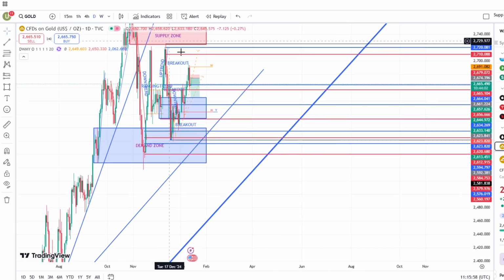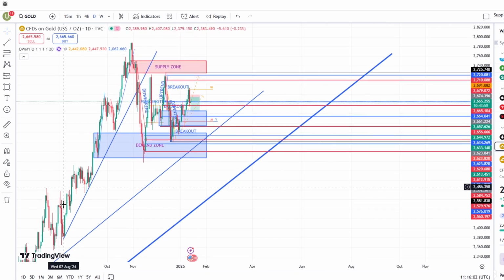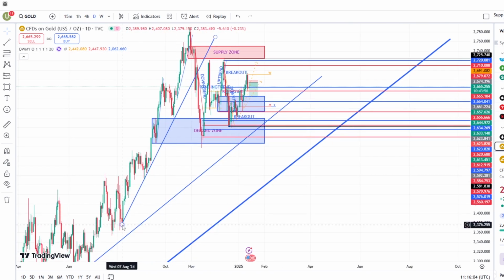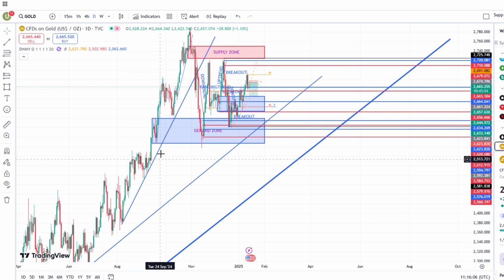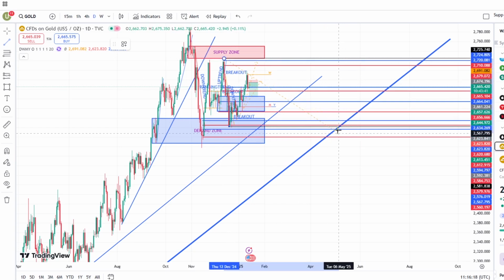It might drop further down, because look at this daily uptrend line. There's an uptrend line here, and there was a retest, market correction. So now I am looking at this, hence I took so many sells.